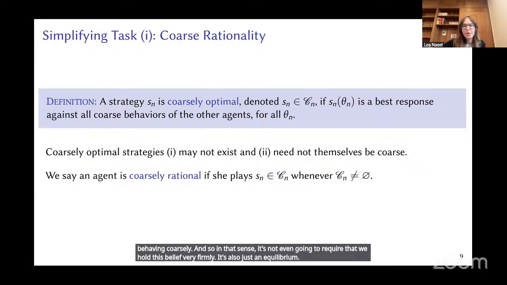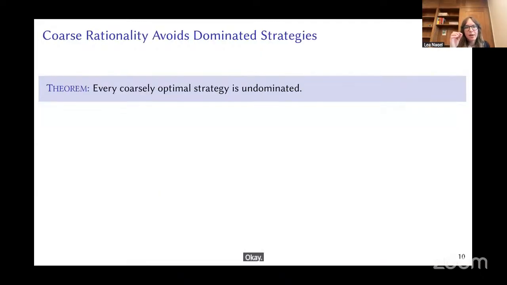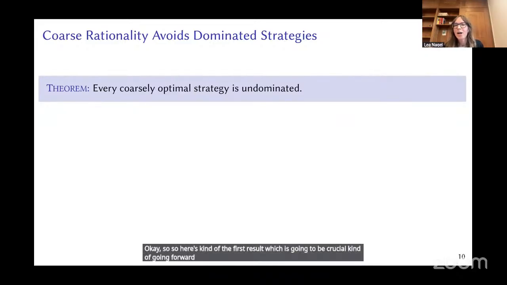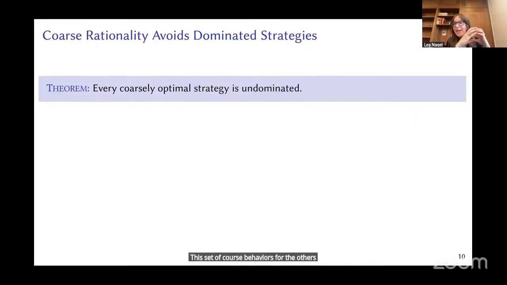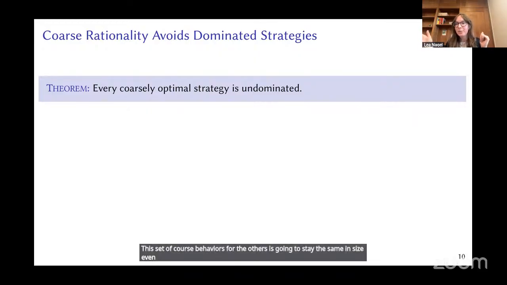Okay, great. So here's the first result, which is going to be crucial going forward: a coarsely optimal strategy, so a strategy that best responds just to this small set of coarse behaviors of the others, is going to stay the same in size even as I vary the information partition.